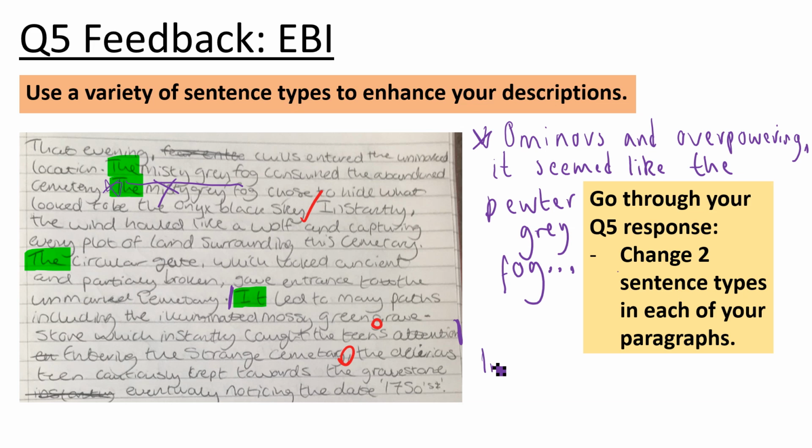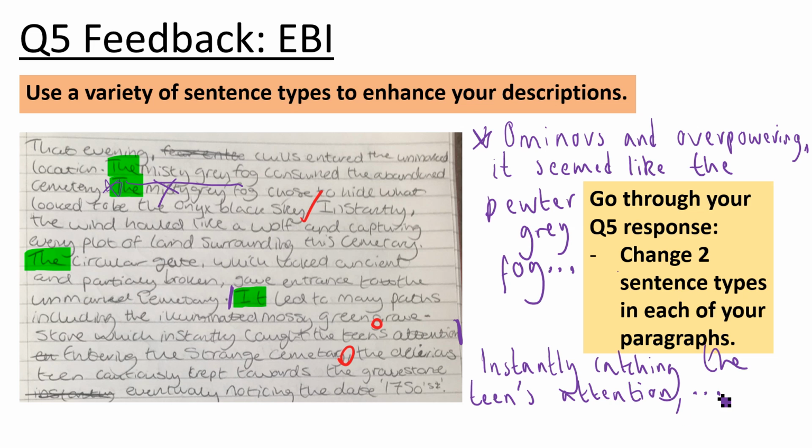So I would maybe write instantly catching the teen's attention, and then change the sentence round so it starts with a subordinate clause as well. Or they could keep it, it's up to them, but I think it would be better if it was switched around. So as you can see, I've gone through this student's 1 paragraph and I've changed 2 sentence types.